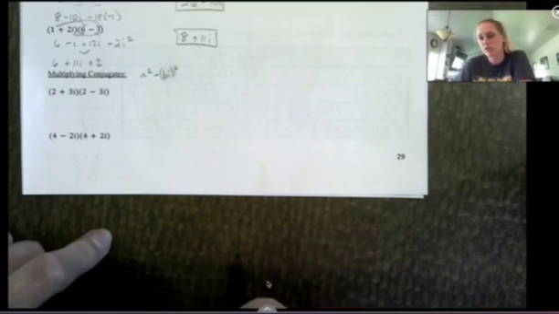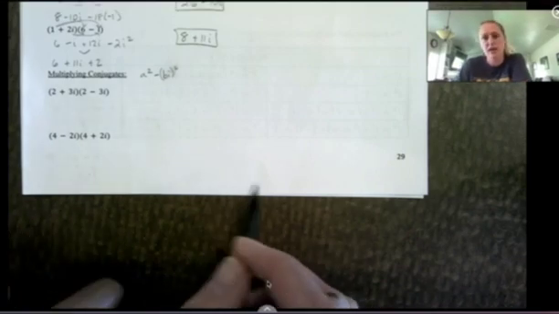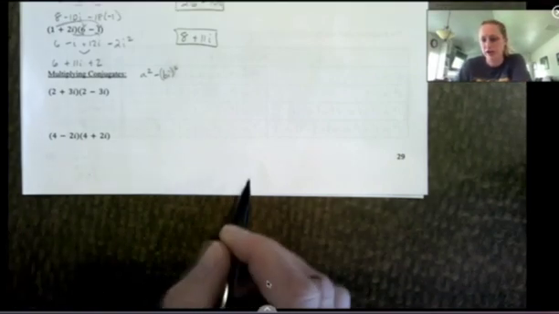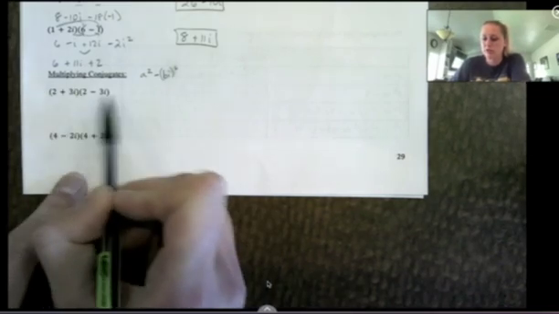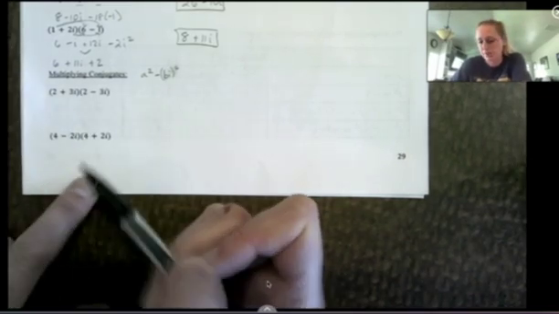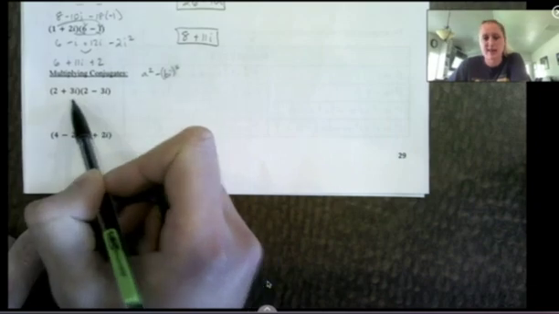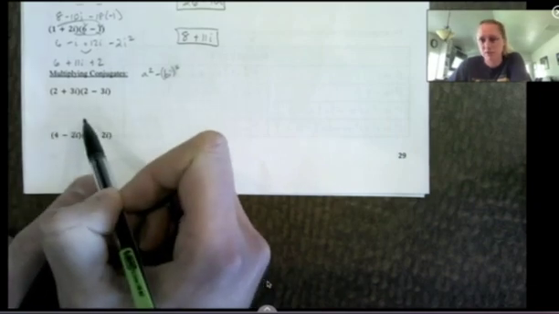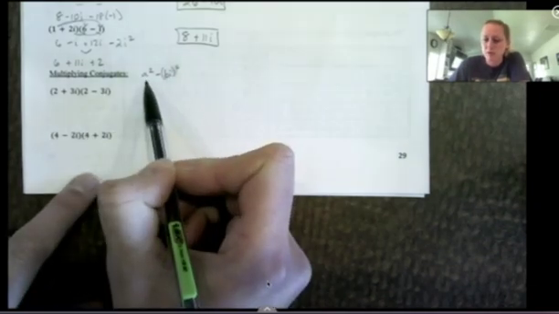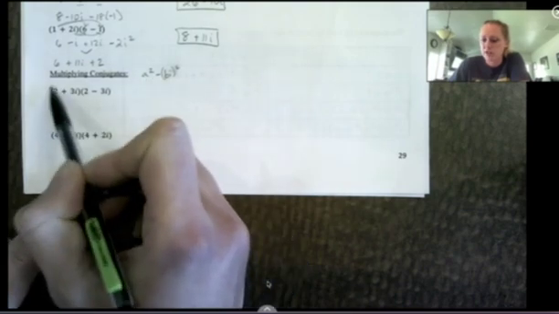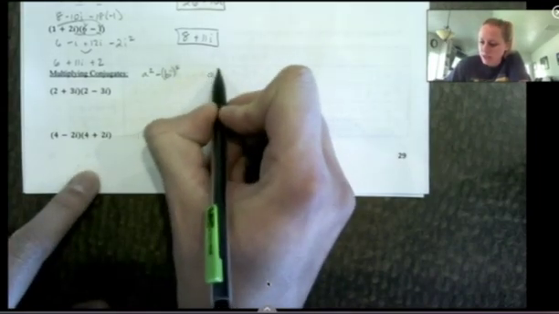Multiplying conjugates. So remember, a conjugate has the same a and b, but the sign in the middle has changed. So here, 2 plus 3i and 2 minus 3i are conjugates. You might recognize this is actually difference of squares in factored form. So we know a difference of squares comes from this being squared minus this being squared. So if I think about that, a squared is just going to be a squared.